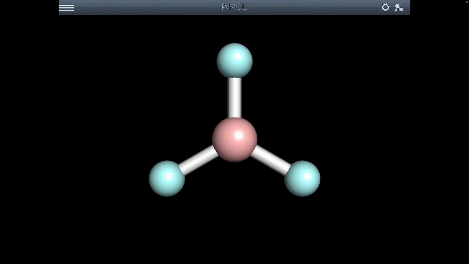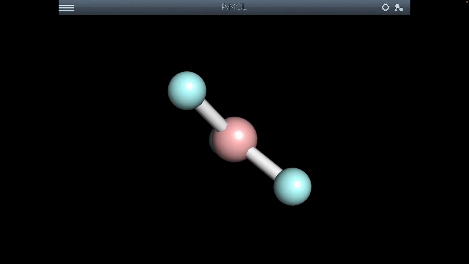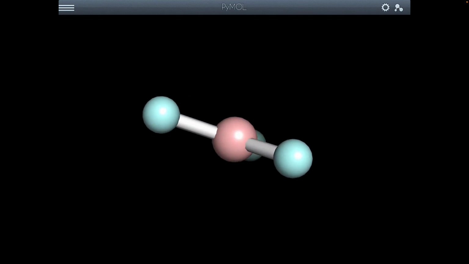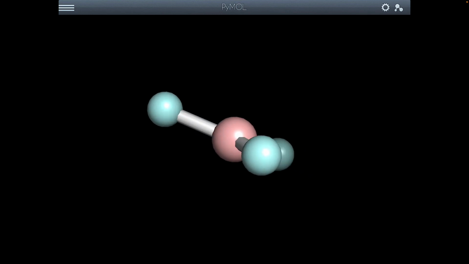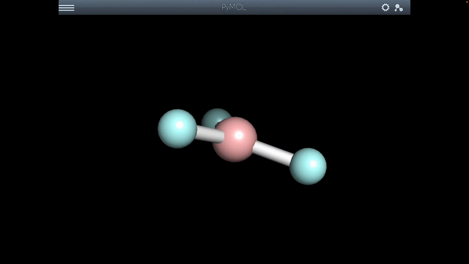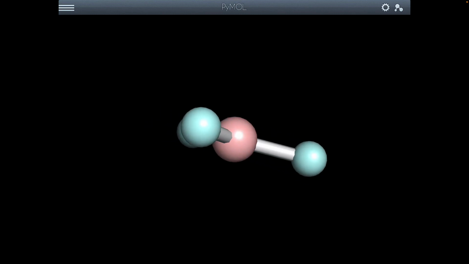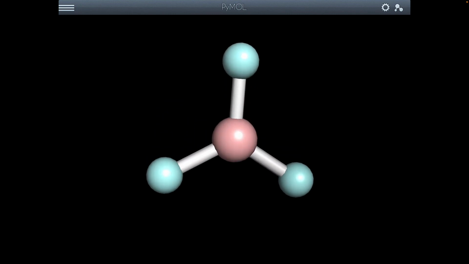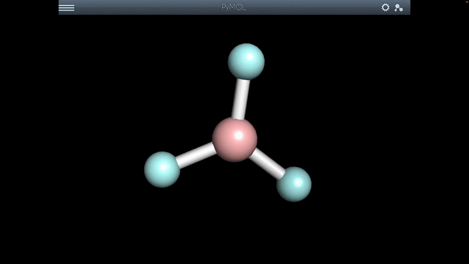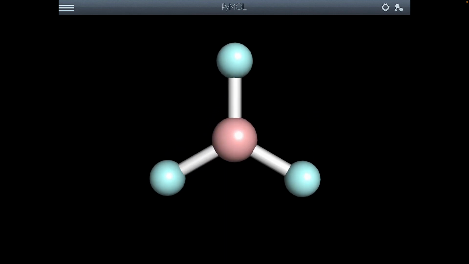Trigonal, you can see because it makes a little triangle, and planar because all of those atoms lie in the same plane. This molecule here is completely flat. You could take one slice and slice through all 4 of those atoms. They lie in the same plane. So again, trigonal planar. That's what we would call a molecule with 3 of these electron regions.